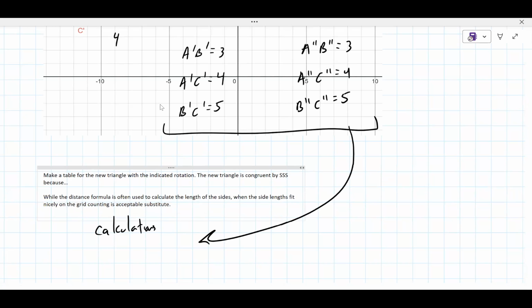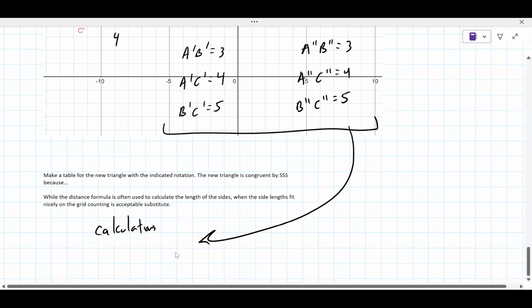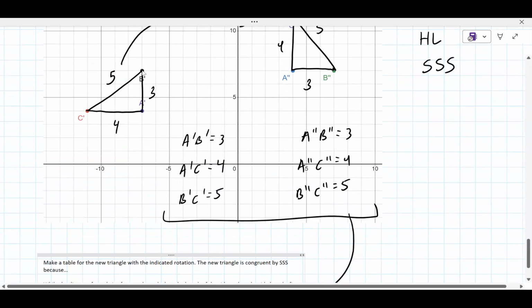Did you see the Pythagorean theorem yet in the class? Not in this specific class, but I have seen it before. Okay, so you can't count the hypotenuse, so you would have to use either the Pythagorean theorem or the distance formula for that. So you may have to show that calculation.